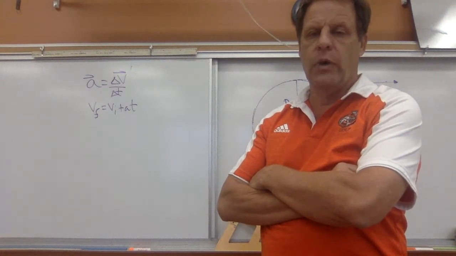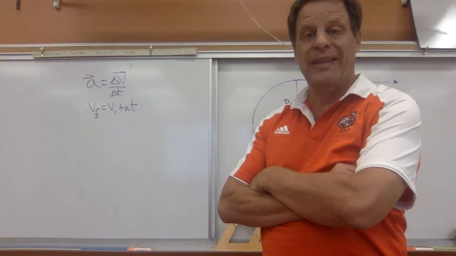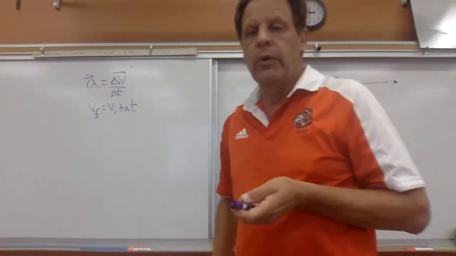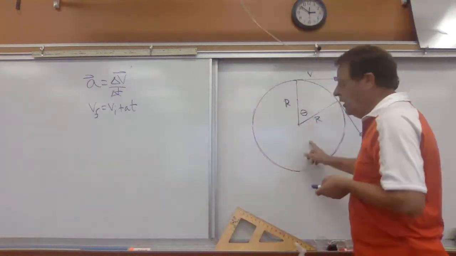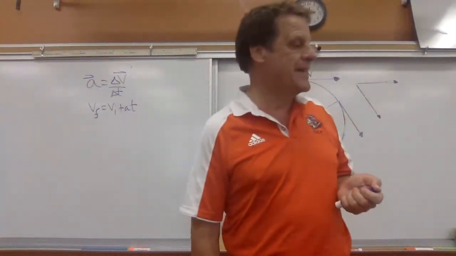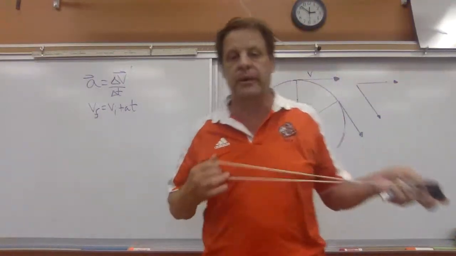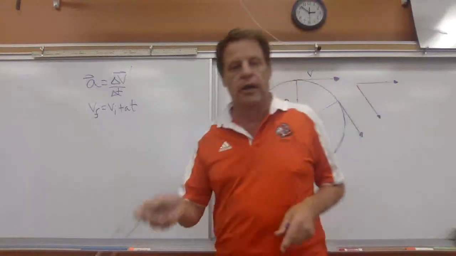What I would like to show you is the logic and the derivation of our formula for centripetal acceleration. What I've drawn over here is a circle, and I've tried to make it nice and precise, but it really doesn't have to be. The logic is just going to go around.